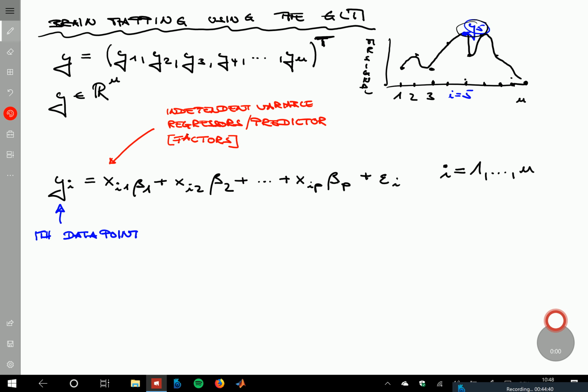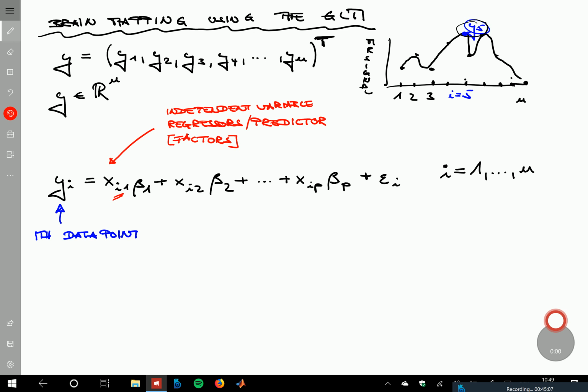But for these regressors, there are two things that are important. First of all, and this is often lost in undergrad statistics, they take on different values based on i. This is why they have this i index. So the values can vary with i. Very important is that, of course, the regressors and predictors are known.